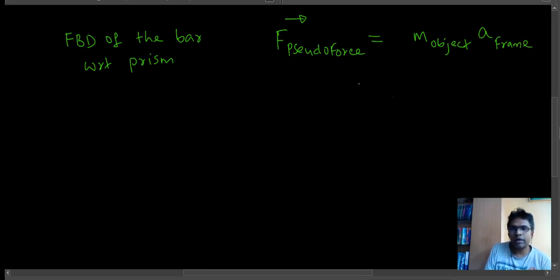Keep in mind that the direction of the pseudo force is always opposite to the acceleration of the frame. So if I write this expression vectorially, I'm supposed to use a minus sign here. Now take a look at the free body diagram of the bar with respect to the prism, from within the frame of the prism. So let's draw it here.